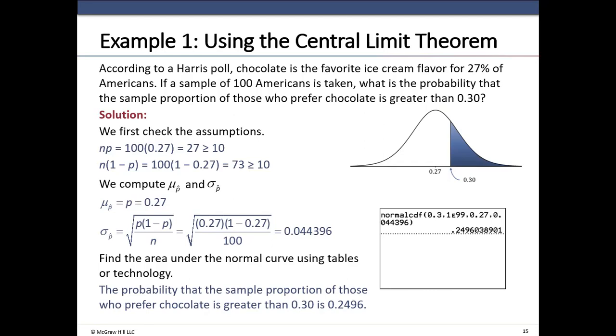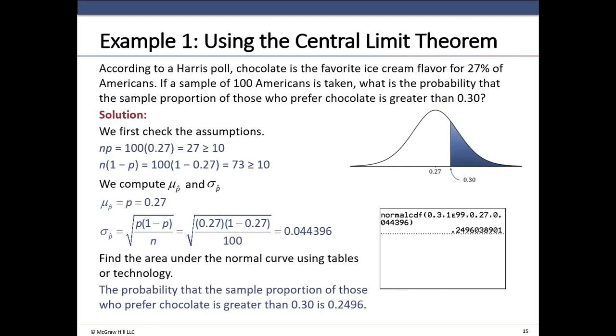Standard deviation is the square root of p times 1 minus p divided by n: inside the square root, 0.27 times (1 minus 0.27) divided by sample size 100. So sigma p hat is 0.044396.